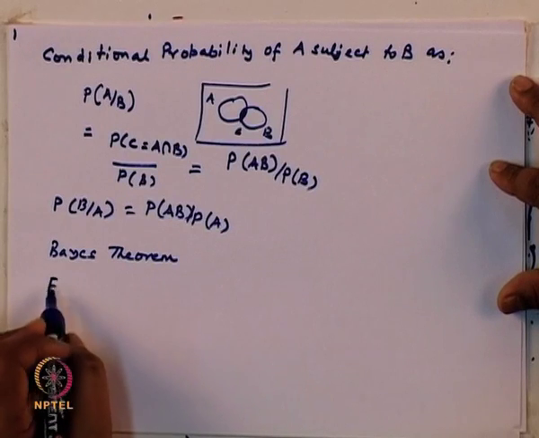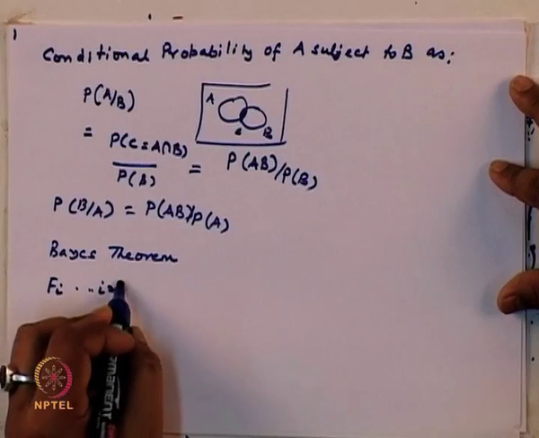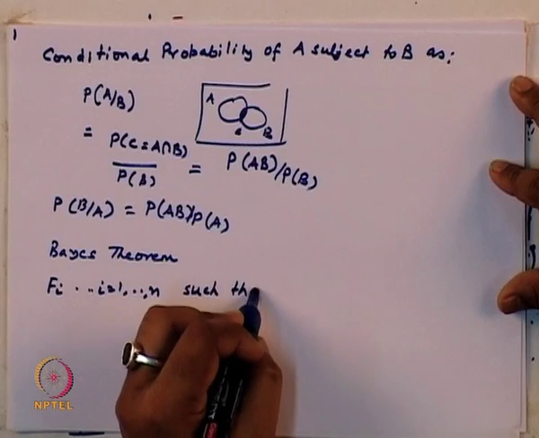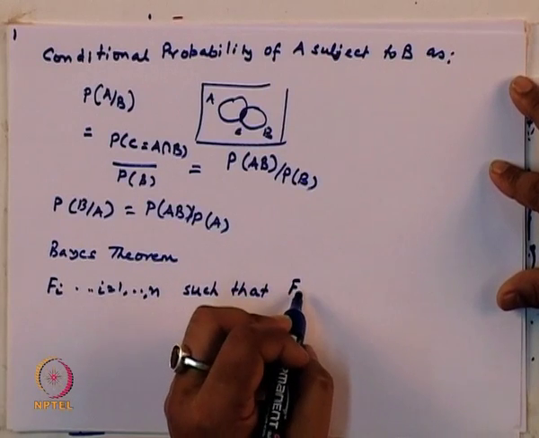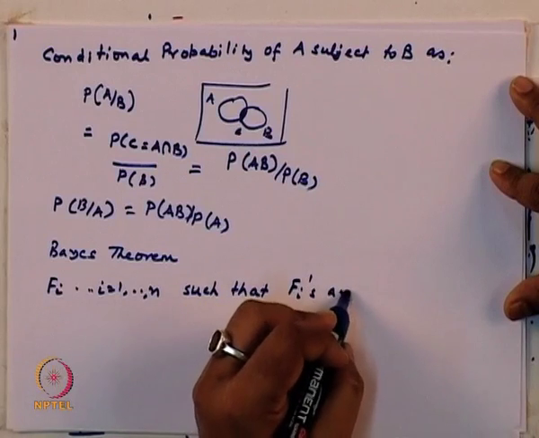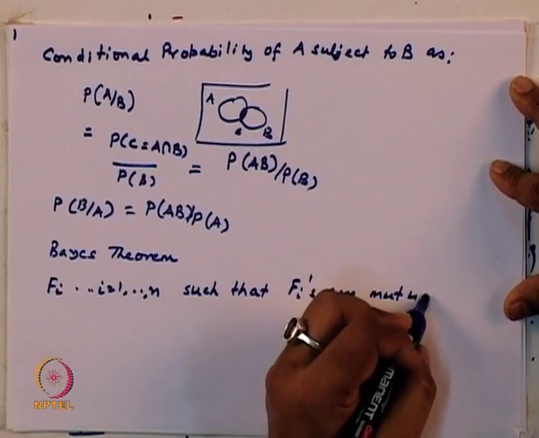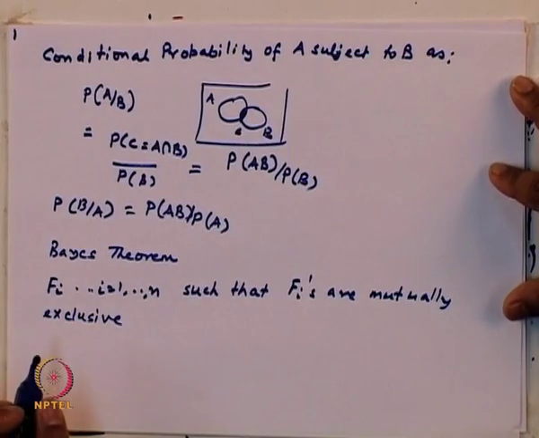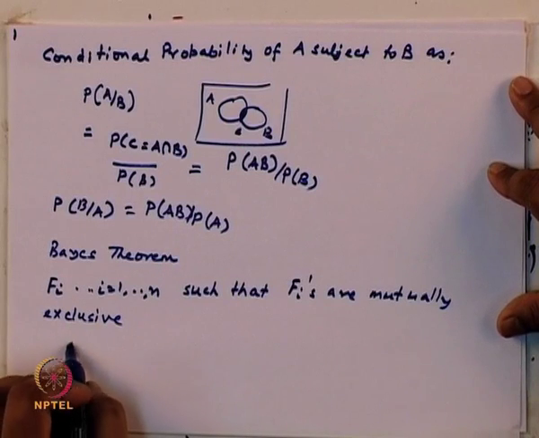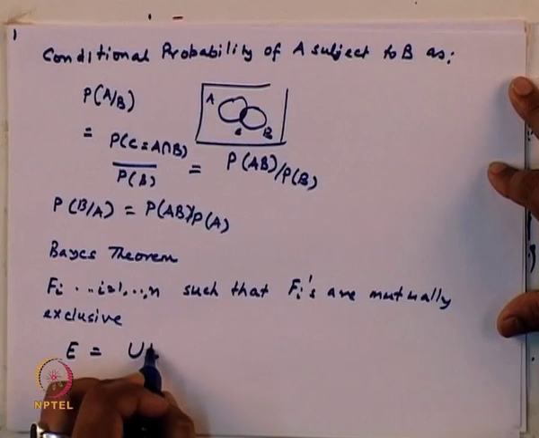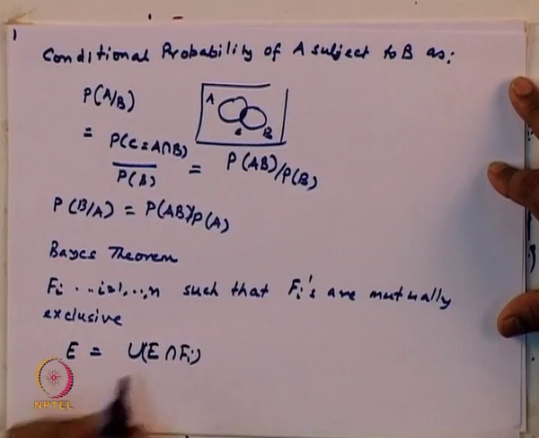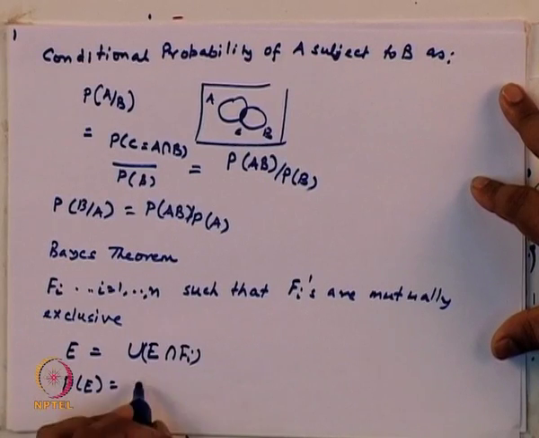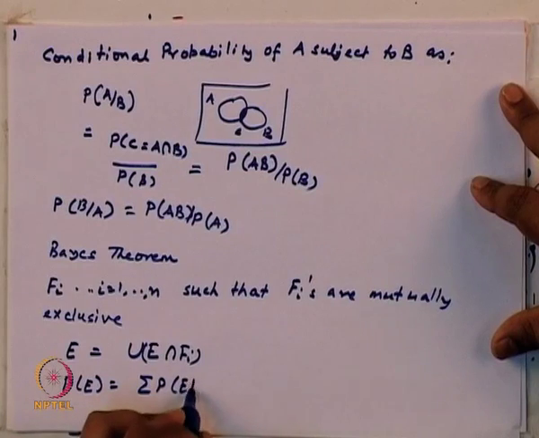So, if you have events F i, i equal to 1 to n, such that these F i's are mutually exclusive, right, you can write some event E as simply the union of E intersection F i. Okay. So, in that case you can write P of E as the summation of P of E F i.